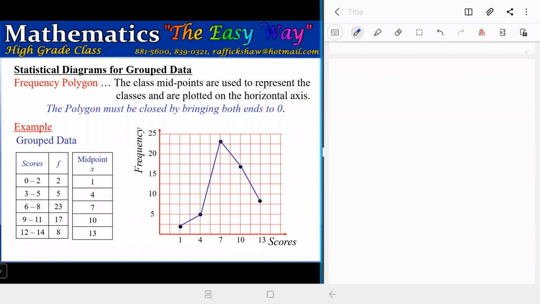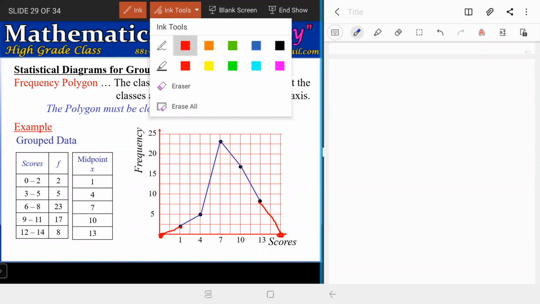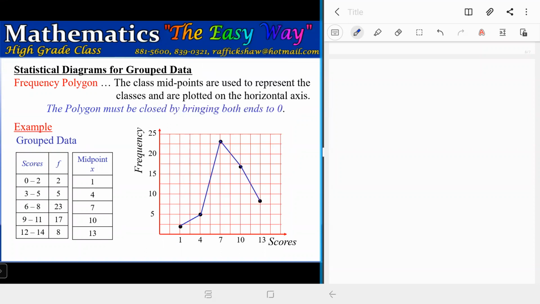What you do, you go to the value before the first value, which will be down here, and put it down to 0. And the value after the last value will be here, and put it down to 0. You draw this end down to 0, and draw this end down to 0 to close it. You have to close because it's called a polygon. A polygon is a closed shape. So we put in those values before and after, and bring the frequency down to 0.